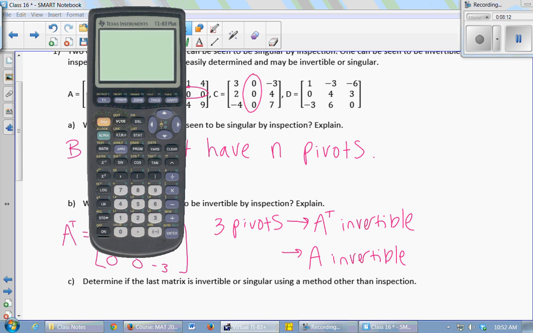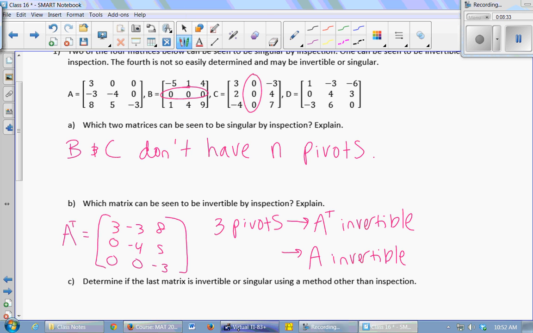Then matrix math, RREF. And it turns into the identity. Okay, so it row reduces to the identity, which tells me that it is invertible.